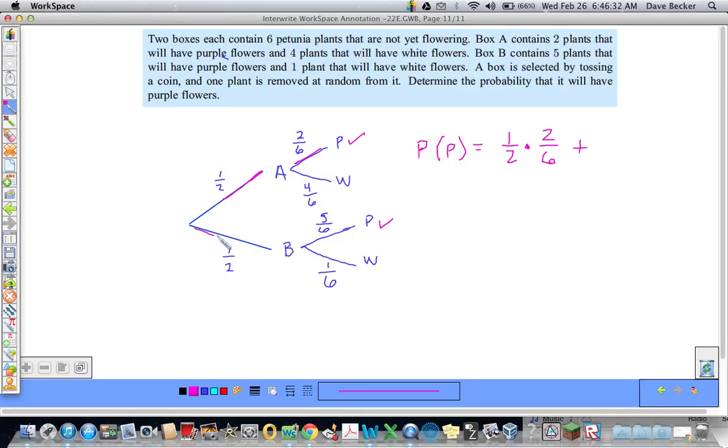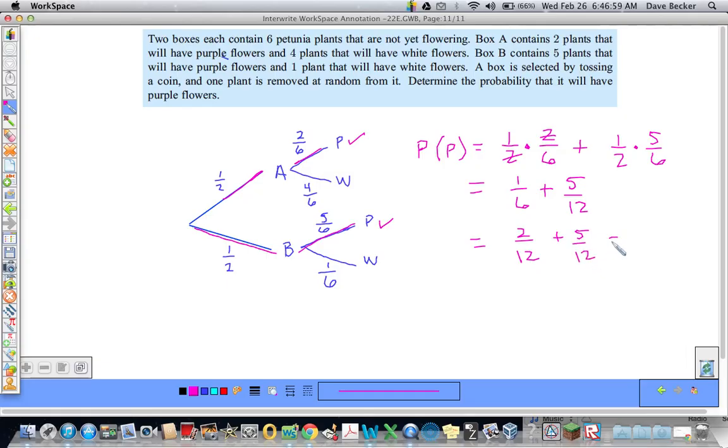Well, I travel along this path, then along this path, so that would be 1/2 times 5/6. So that is going to be 1/6 plus 5 out of 12. That's 2 out of 12 plus 5 out of 12.